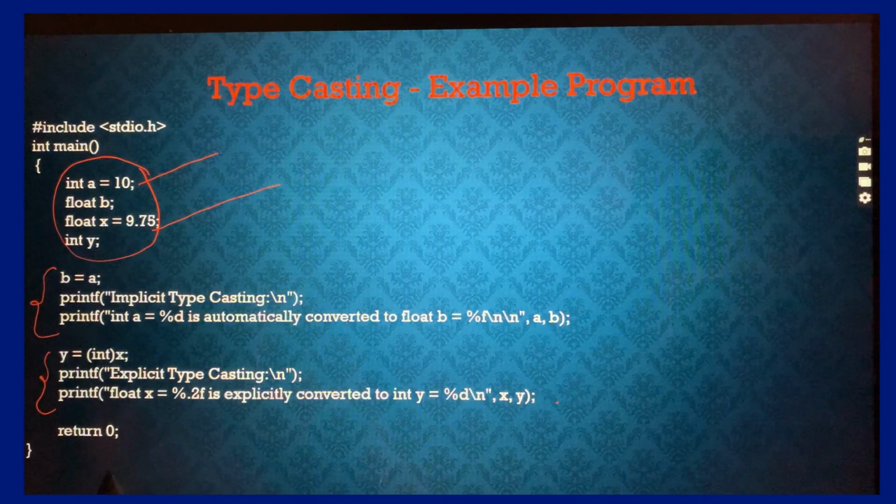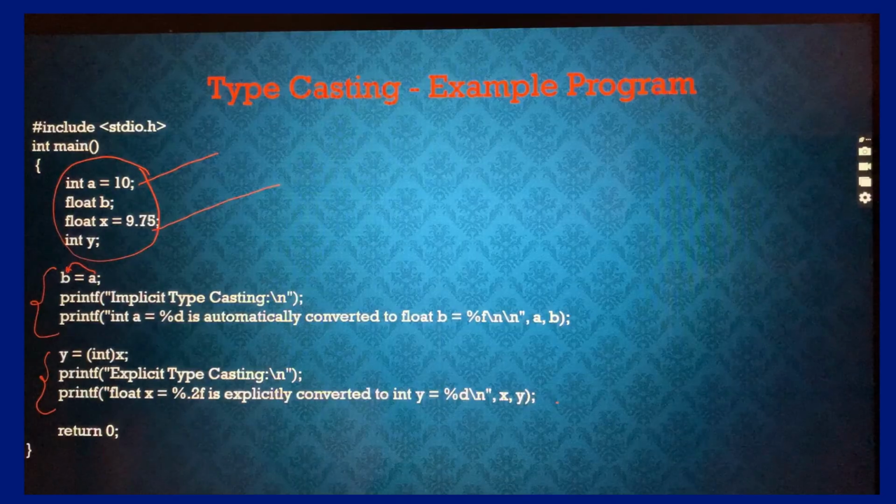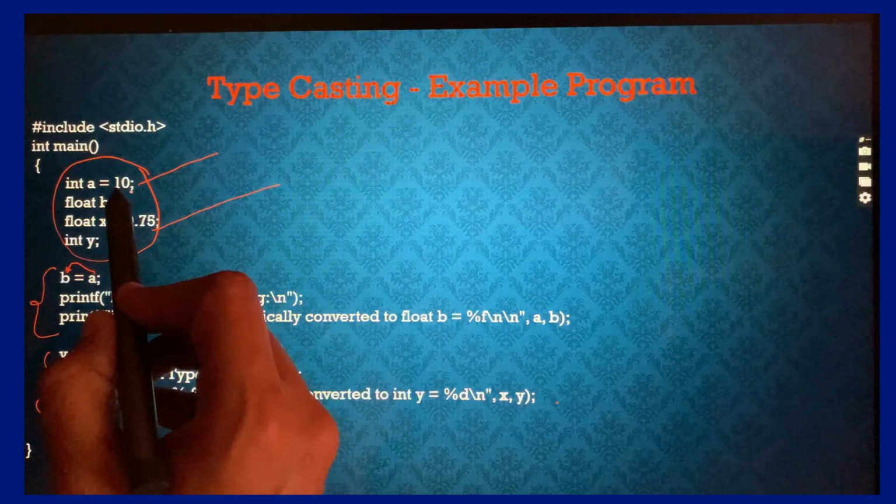So implicit typecasting is performed automatically by the compiler, we know, right? So when a value of one data type is assigned to another data type with a larger range. So in this example, I am storing the value of A into B. So what is the value of A? It is 10.